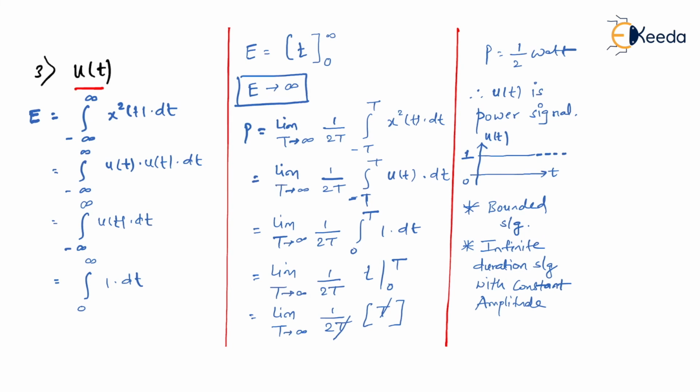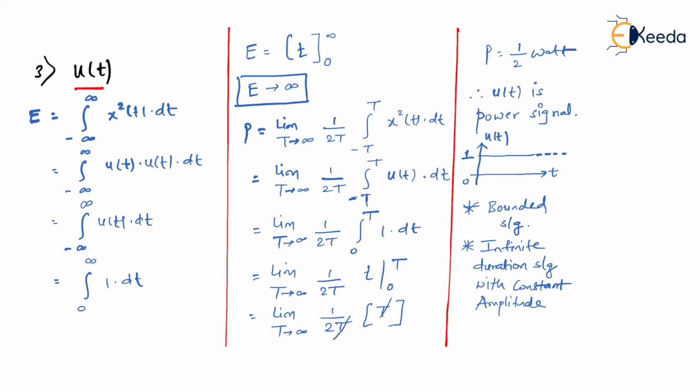So let us summarize what we have studied. We will talk about observations for an energy signal. If the given x of t signal is bounded in nature along with finite duration, it is an energy signal. Second observation for an energy signal: it should be bounded also, and in case it is infinite duration, then the amplitude must be decaying.